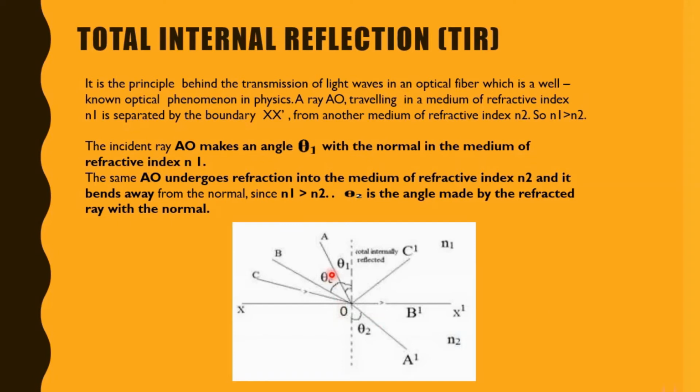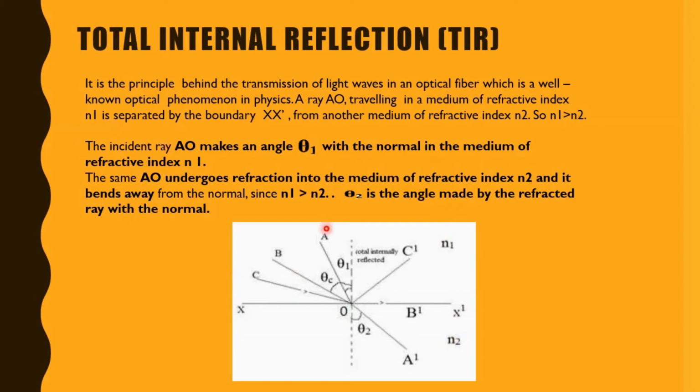In the figure we can see a ray AO traveling in a medium of refractive index N1, which is separated by the boundary XX' from another medium of refractive index N2. The refractive index N1 is greater than N2.